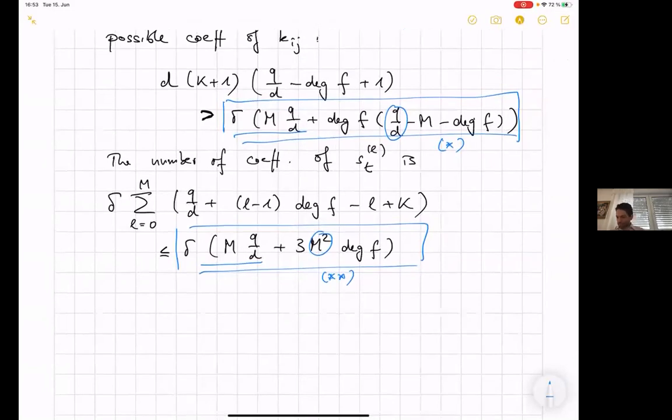Yes. All right, and then just by linear algebra, I can make sure that all the coefficients of the S's vanish if I choose the Kij suitably, because I have sufficiently many degrees of freedom, and that's all that is required.